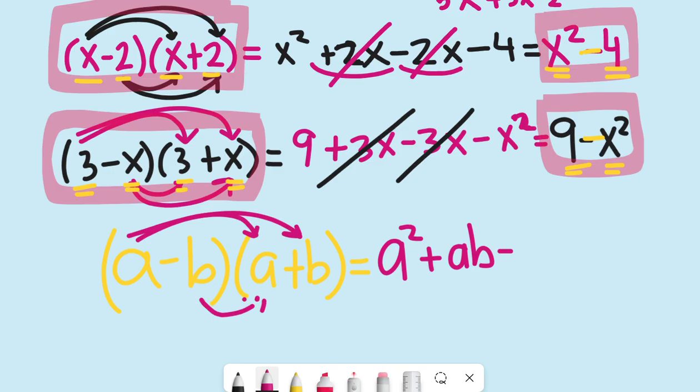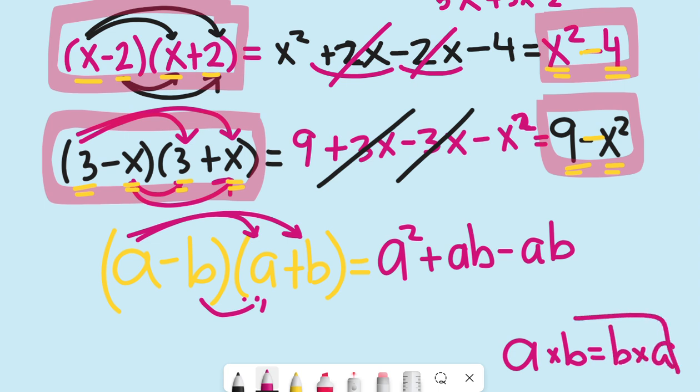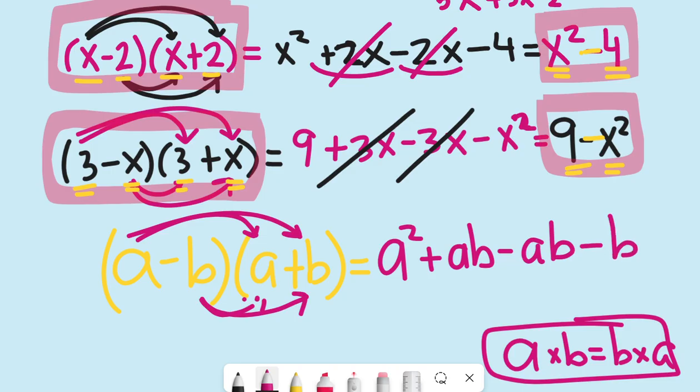So instead of saying minus ba, we can say again minus ab. Then we have minus b multiplied by b, which will be minus b squared.